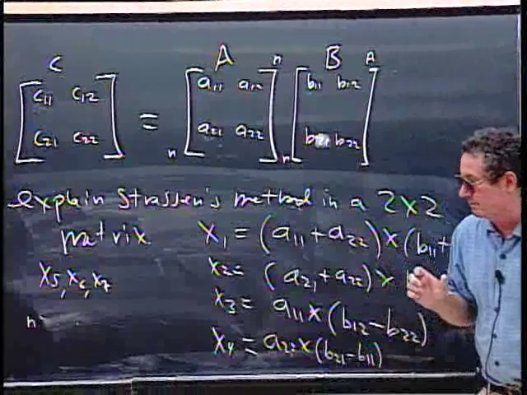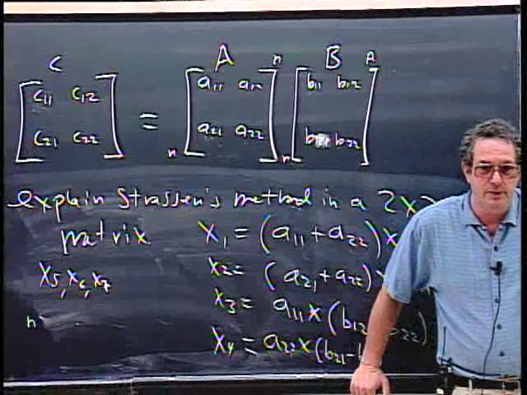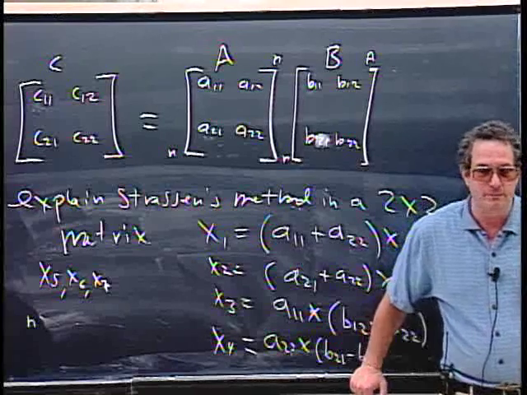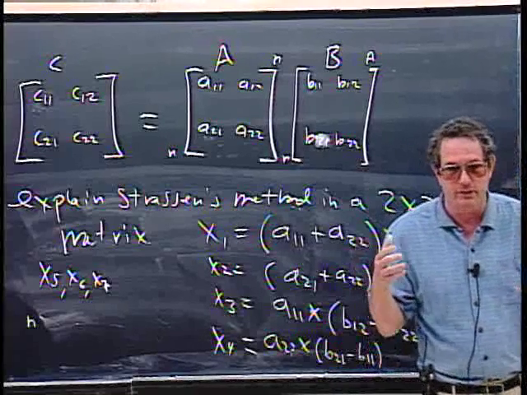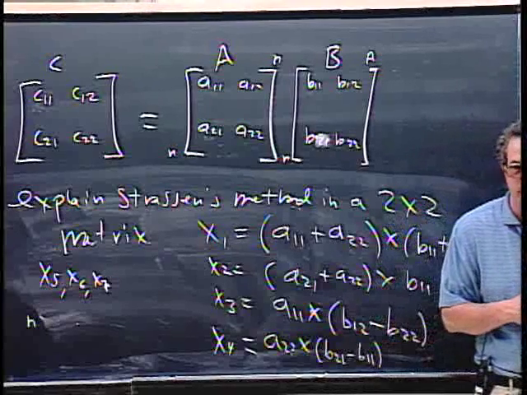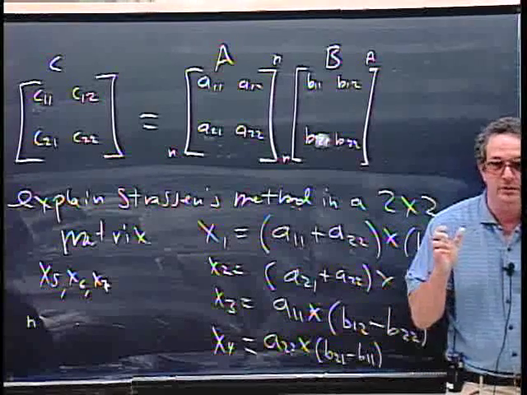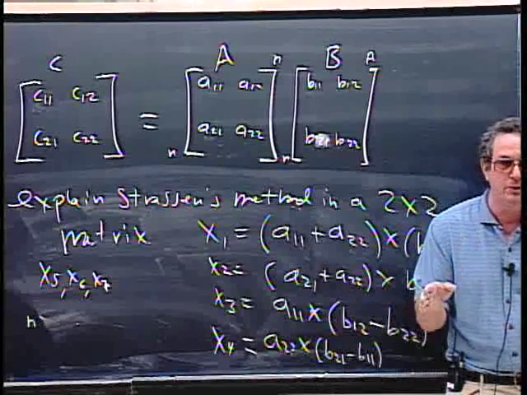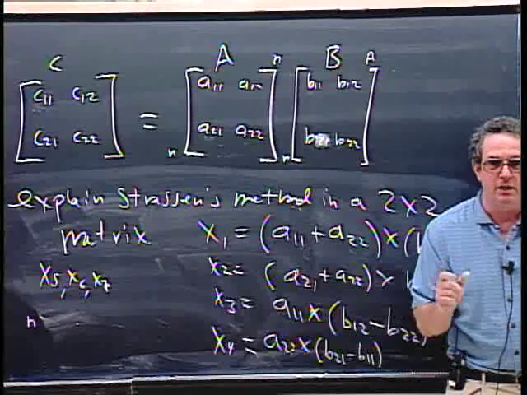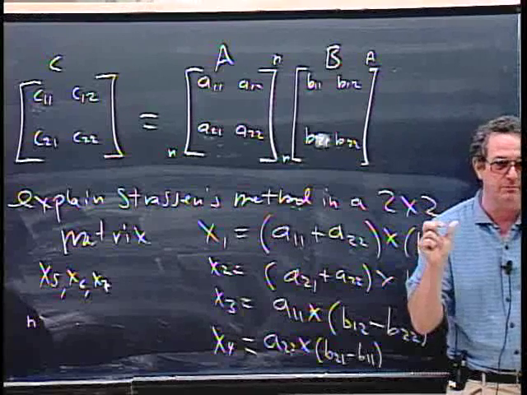Now, there is a point that's made in the expositions of this method that I never understood why it was really necessary. I understand mathematically why it was necessary, but I never understood in terms of the exposition why you even had to point this out. But most expositions at this point say, notice that Strassen's 2 by 2 method never exploits the commutativity of multiplication of individual numbers, multiplication of scalar numbers.